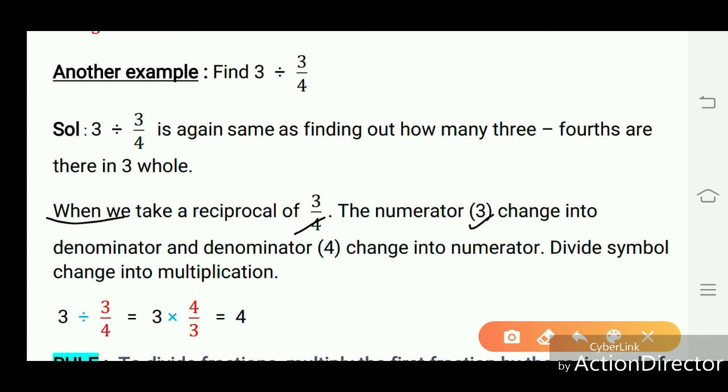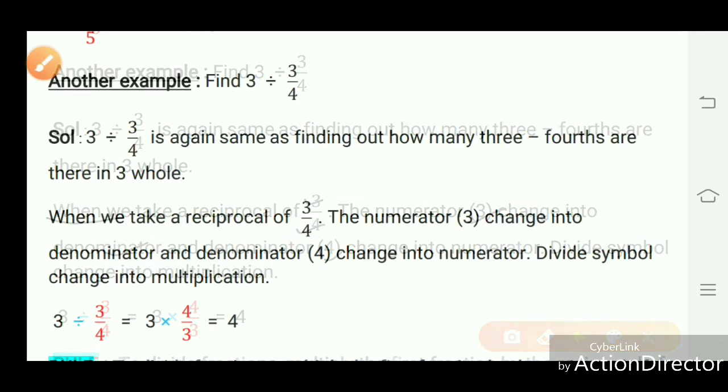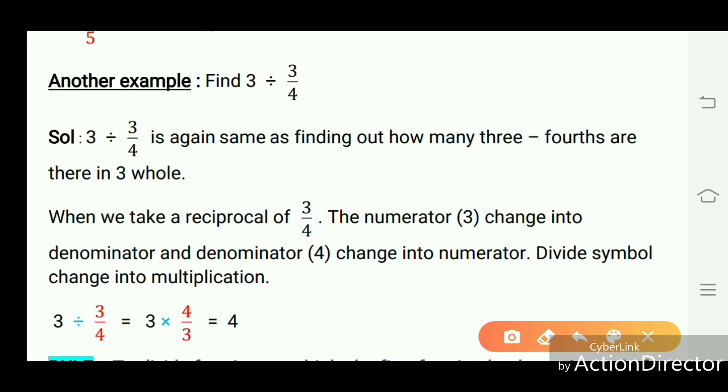The numerator 3 changes into the denominator and the denominator 4 changes into the numerator, and the divide symbol changes into multiplication. 3 divided by 3 upon 4 equals 3 into 4 upon 3, because when we take the reciprocal of 3 upon 4, the numerator 3 changes into the denominator and the denominator 4 changes into the numerator.